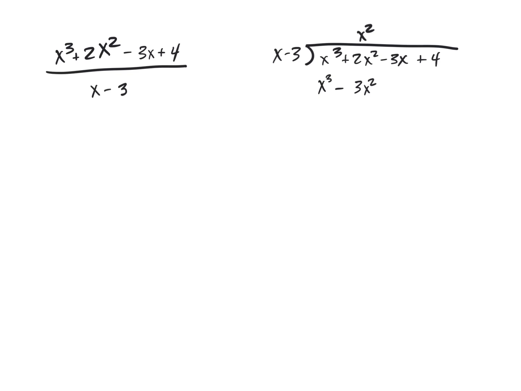Okay, next step. Subtract. When I subtract, I'm subtracting the whole thing. So the x cubed becomes negative, the 3x squared becomes positive. In my head, I say I'm subtracting by changing signs. I change all of the signs.